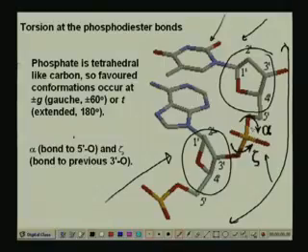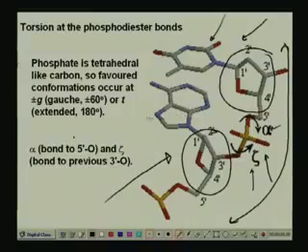We can also have positional changes due to rotations about this bond and this bond. Remember the phi psi angles of proteins? Okay? Now, if we just consider that we have the sugar, the phosphate, the sugar, the phosphate, we have single bonds here. What do single bonds allow? They allow free rotation, okay? And because of this rotation, we can have again changes in the position of the bases and the position of the phosphate.